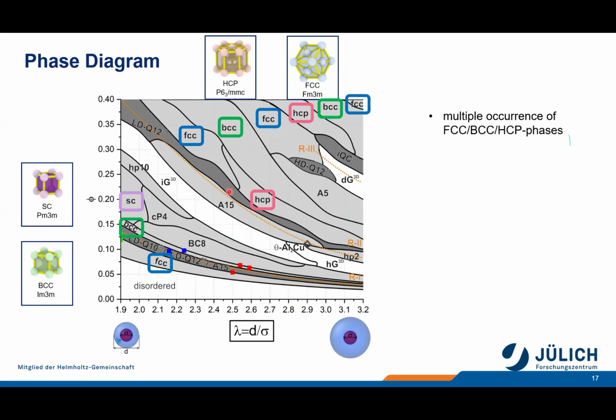And then we have a look and we see that depending on the size ratio and core volume fraction, we see the usual cubic phases, FCC, BCC, HCP, and also simple cubic. And we realize that they have many different stability regions. And this depends on how much the shells are squeezed together. And so this is something unusual that we have here. Many different of these cubic phases appear in this phase diagram.